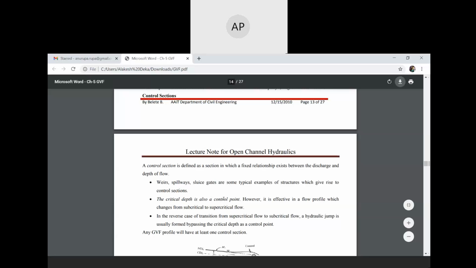The critical depth is also a control point. However, it is effective in a flow profile which changes from subcritical to supercritical. In the reverse case of transition from supercritical flow to subcritical flow, a hydraulic jump is usually formed, bypassing the critical depth as a control point.